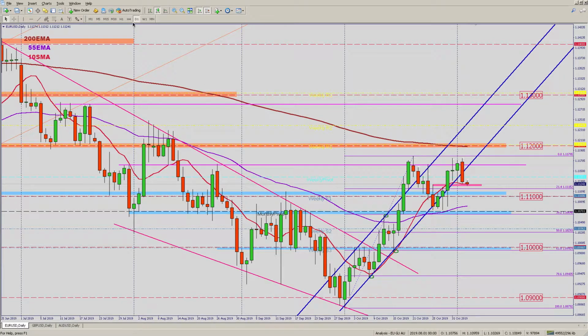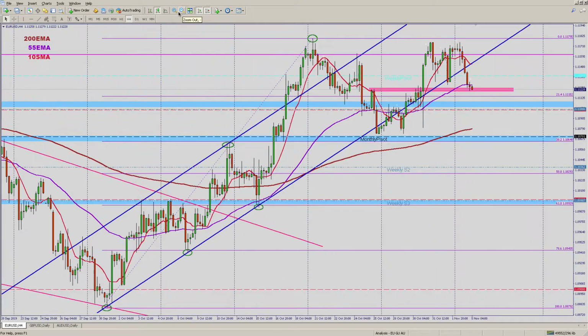Right, let's take a look at the 4-hour time frame, and this was marked earlier on over the weekend, and it has started to dip below the 55 period EMA and this previous resistance, now support zone.